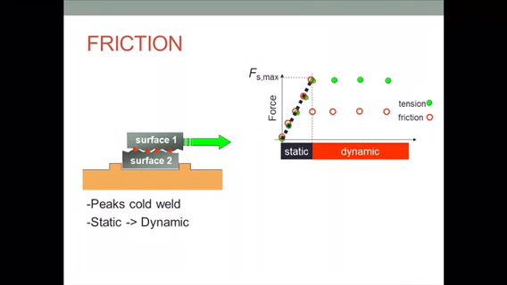You can see when the static friction force reaches its maximum, applying any further tension will decrease the friction, and it will be dynamic friction. And it doesn't matter how strong the tension is, as long as it's not below that maximum friction force, dynamic friction will be constant, and at that time the object will be moving just like surface 1 did.